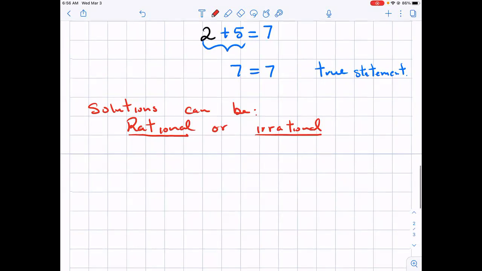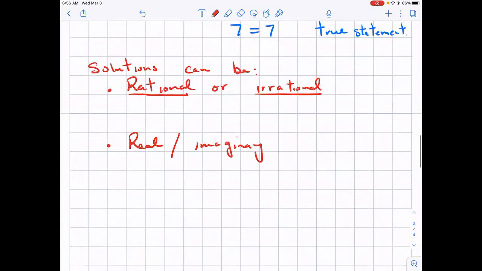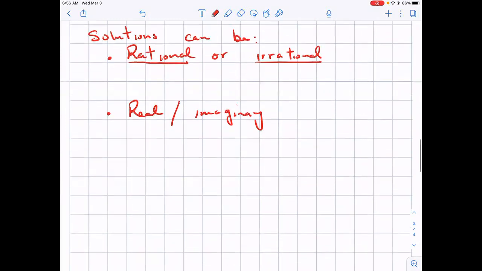So in addition, we're going to have real or imaginary solutions. Those are two things we'll see as we solve equations. Now, an equation that is true for all real numbers is called an identity.